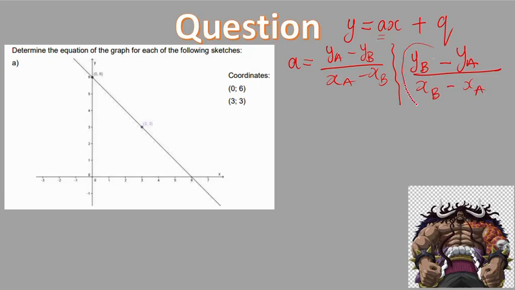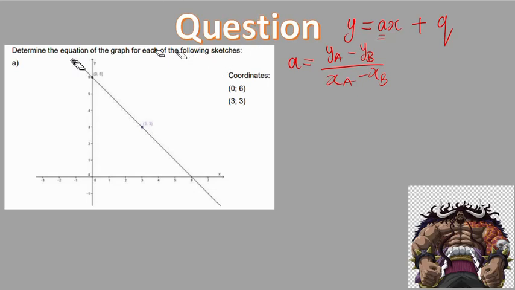You want your b's to be aligned together and your a's to be aligned together. Some people say y2 minus y1 all over x2 minus x1, which is the same thing again. So now let's stick to this one that I'm using here. You can use any of the methods that I just mentioned.